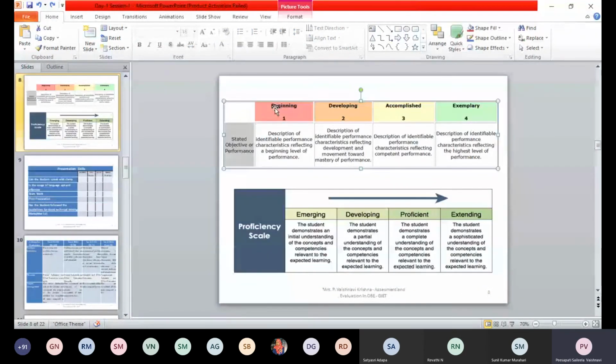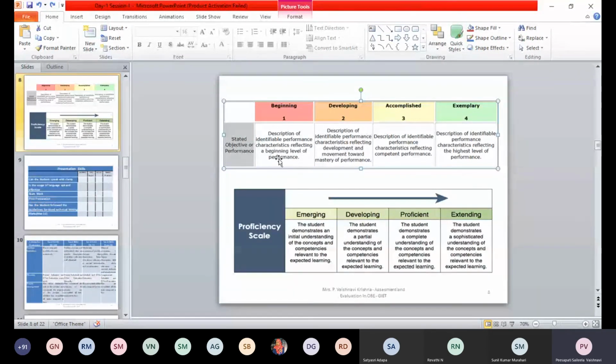Okay, here, see this. The stated objective or performance shall go this way, and here you will have the quality parameters. Now, if I want to categorize a student as beginning, then it is a description of identifiable performance characteristics reflecting a beginning level of performance.